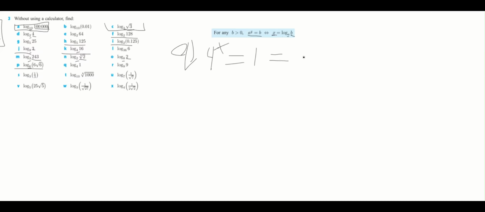This you can just say x equals 0, because anything to the power of 0 equals 1. I don't know, it makes life easy. So x equals 0.